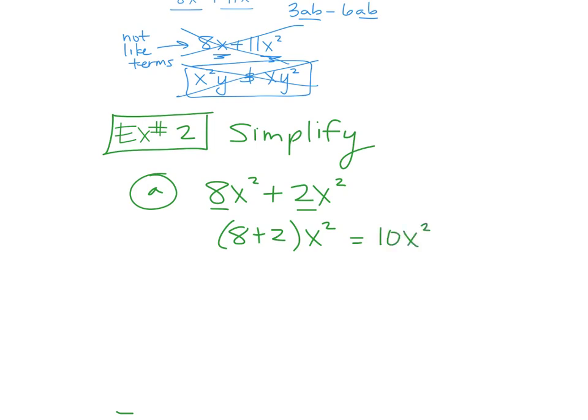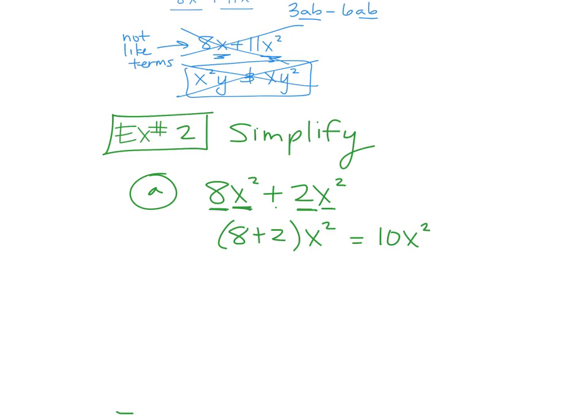The other way I tell people sometimes to think about it is give your variable a name. Give it an object. So apples, okay? If x squared is apples, I'm saying 8 apples plus 2 apples is what? 10 apples, right? So my apples has to stay the same.